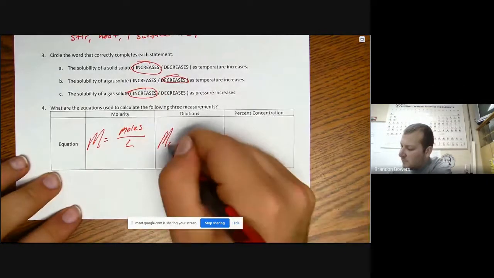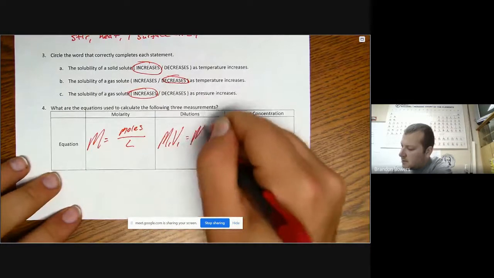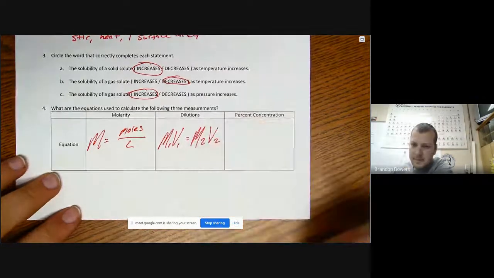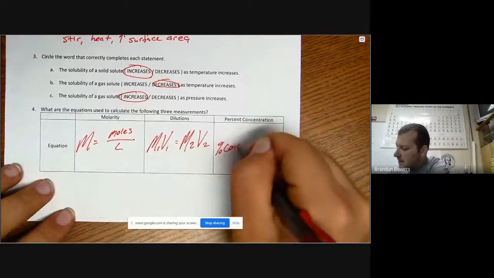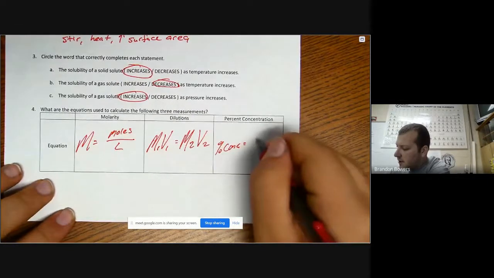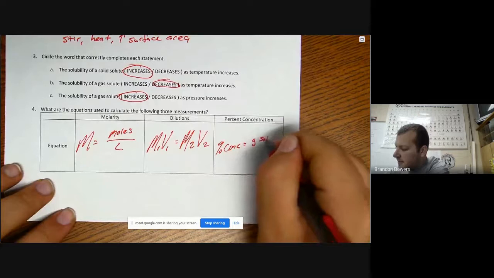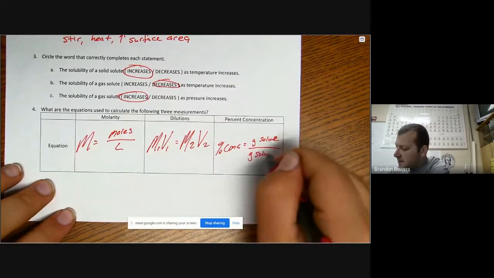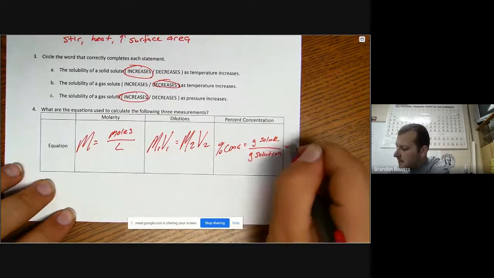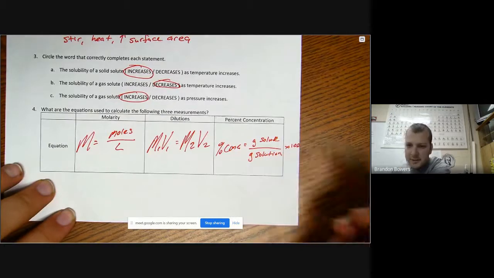Dilution is M1V1 equals M2V2. And then the percent concentration is equal to grams of the solute over grams of the solution times 100.